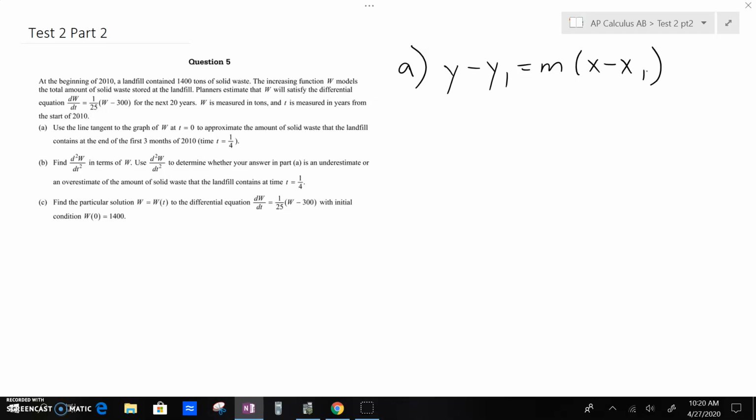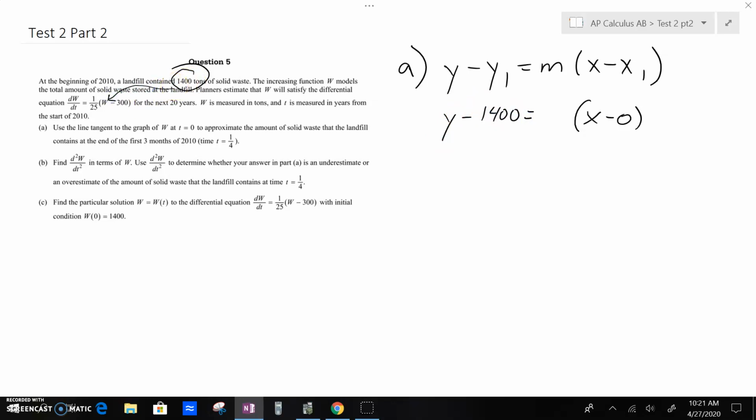So at t equals 0, I'm going to put in a 0 for time, which is x, so x minus 0. Slope, we're going to have to compute slope, so I'm going to have to figure out what that is. And then y1, which is the W amount, the actual amount of waste, they're giving you that piece of information. So they're telling you you got 1,400 tons in there to start. So y minus 1,400.